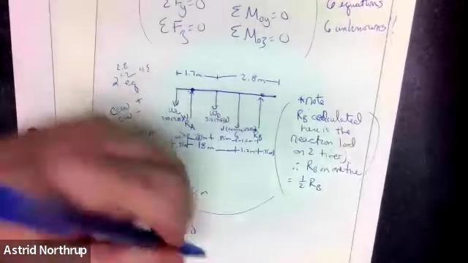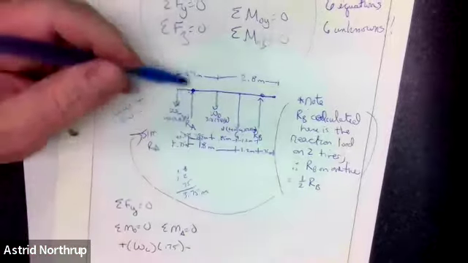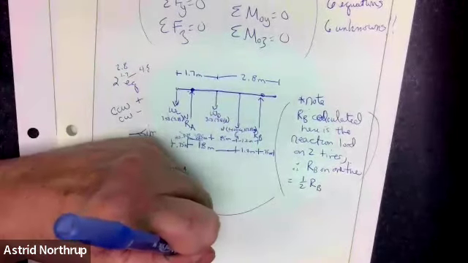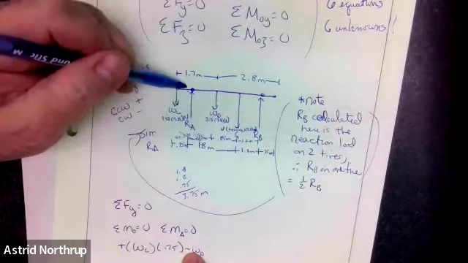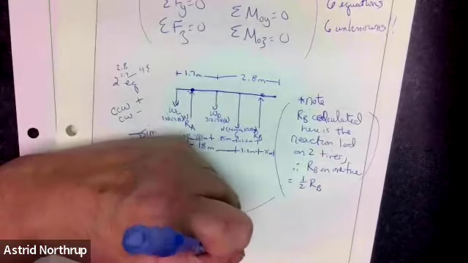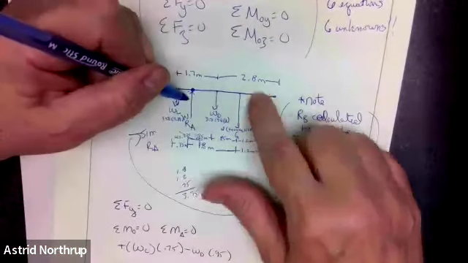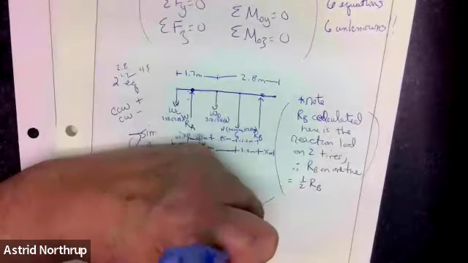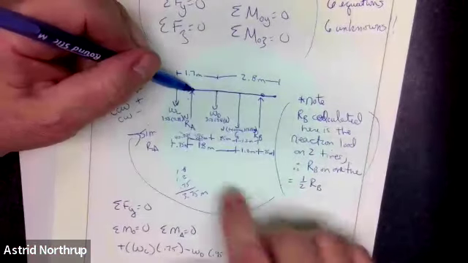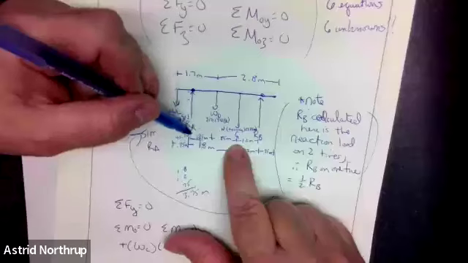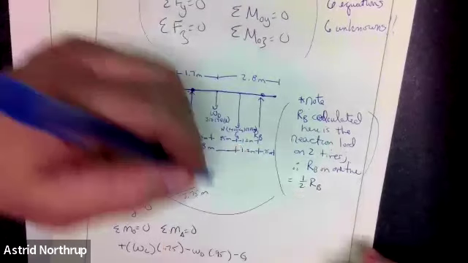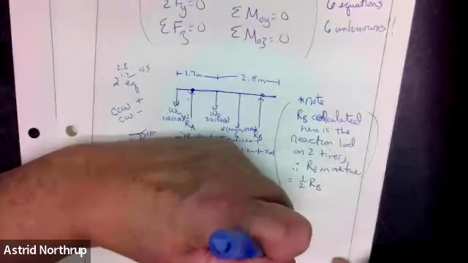W_D is the other way, it's clockwise, so it's negative. This moment arm is 0.95 meters. G, similarly, is clockwise, so negative. And that distance is going to be 0.95 plus 0.85, which is 1.8 meters.